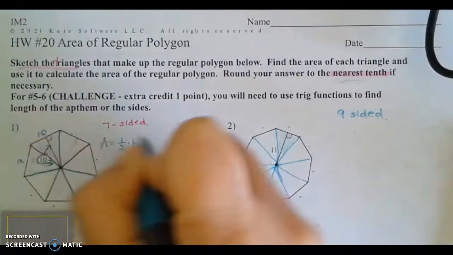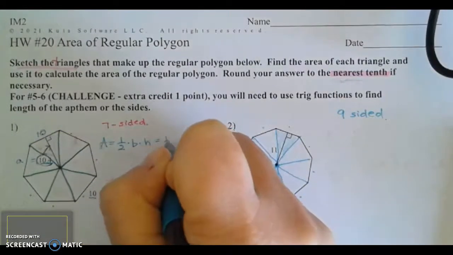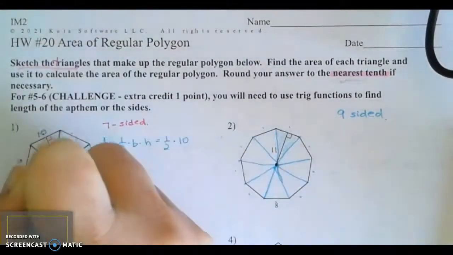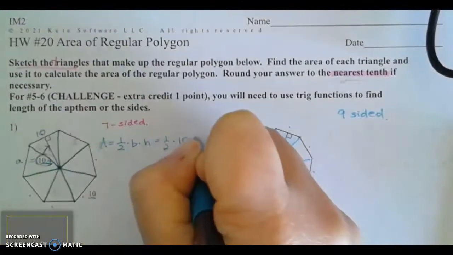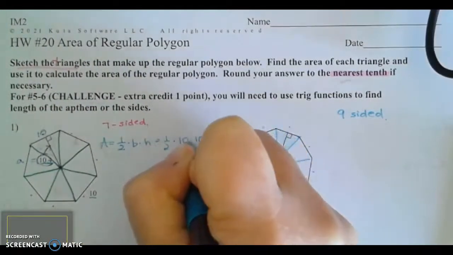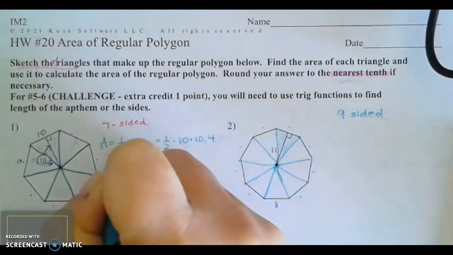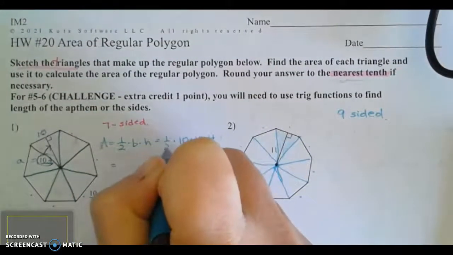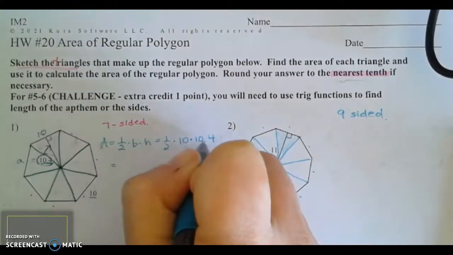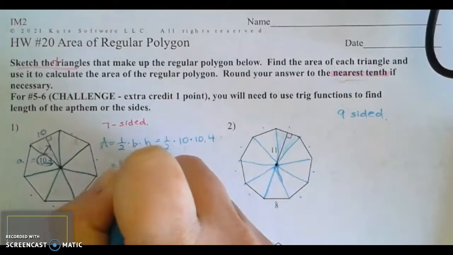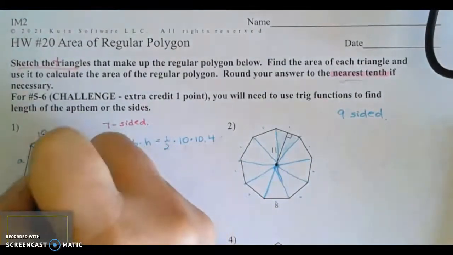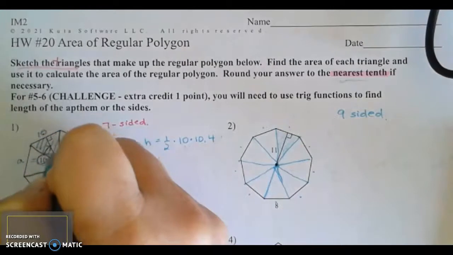What is the base? Base is 10. And what is the height of this triangle? It's 10.4. And if I use the calculator, half times 10 is 5, 5 times 10.4 is 52. So I have just figured out the area of one of these triangles.